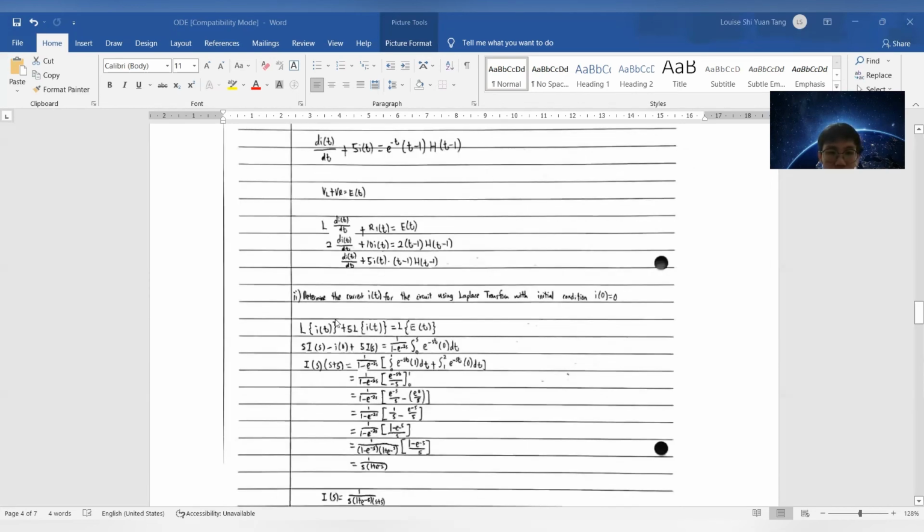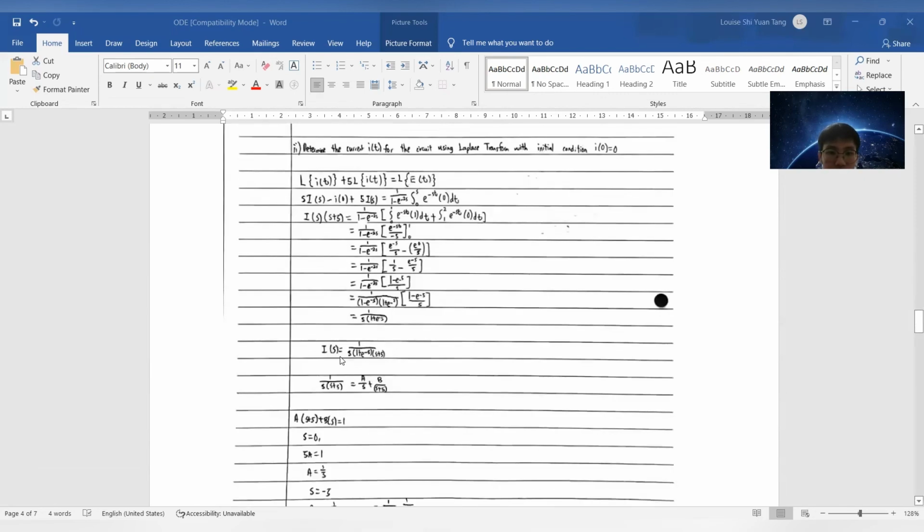And number 2 is we need to determine the current i(t) for the circuit using a Laplace transform with initial condition I(0) equals 0. So this one is the step: Laplace of i(t) plus 5 Laplace of i(t) equals Laplace of e(t). We follow it step by step.